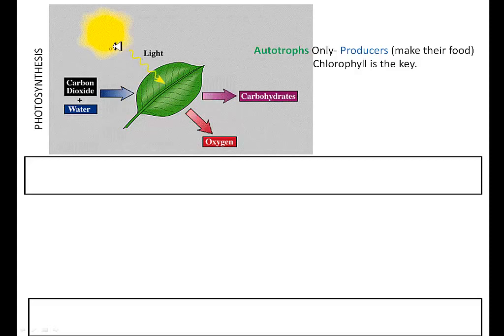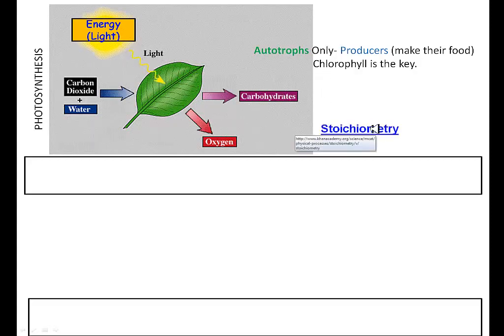So what basically happens is we get energy from light going in, and that energy takes these two molecules and changes them into these two molecules. Now, normally we say it's CO2 plus H2O equals carbohydrates and oxygen with the addition of sunlight, but that doesn't really work all that well.